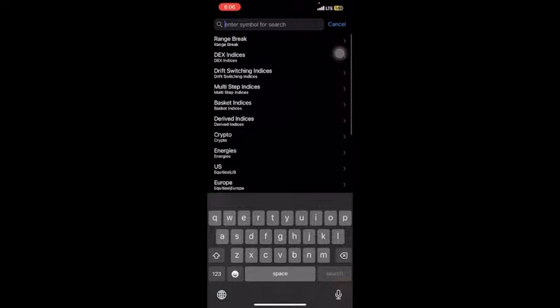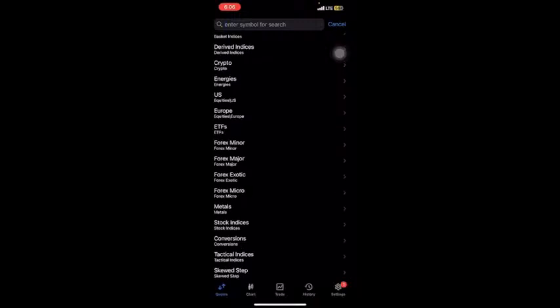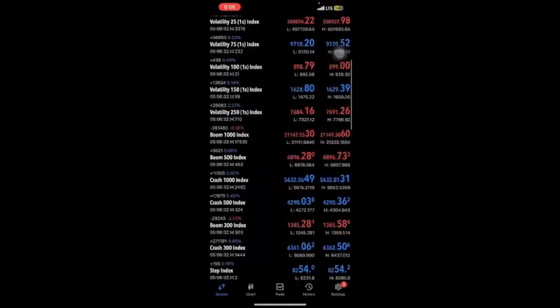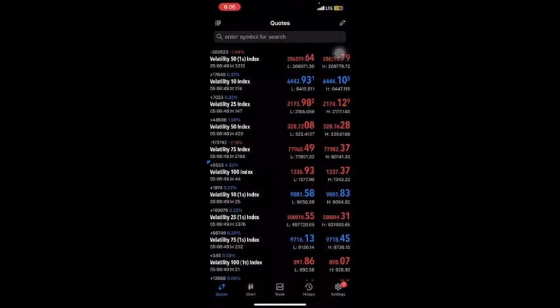But the most popular amongst them are the crash, step and jump index. Those are the ones commonly traded among synthetic traders. So I am going to be talking about these four most commonly traded instruments, which include the volatility index, boom crash, step index, and jump index.